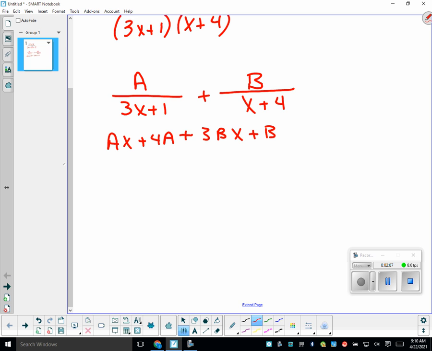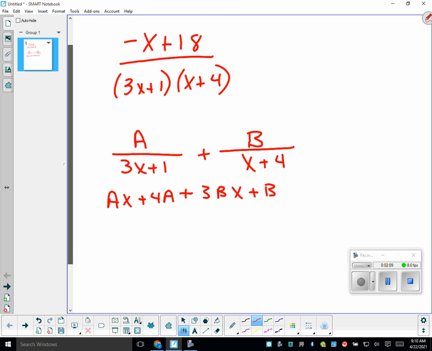Now, what that has to equal is this numerator, doesn't it? So this has to equal negative x plus 18. Okay. Are you with me on what I've done? Now, look at what is in front of the x's on the left side of my equal.